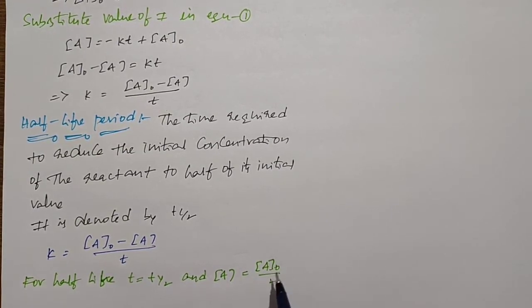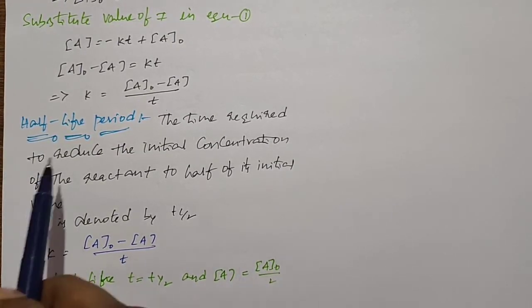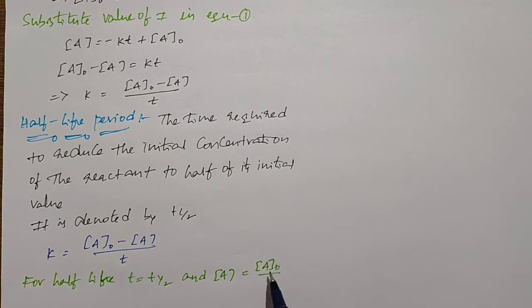The initial concentration is A naught, and half-life period means we reduce the initial concentration to half of its initial value. So that's why in place of the concentration of A, I take A naught by 2. Now substitute both values in the rate constant.